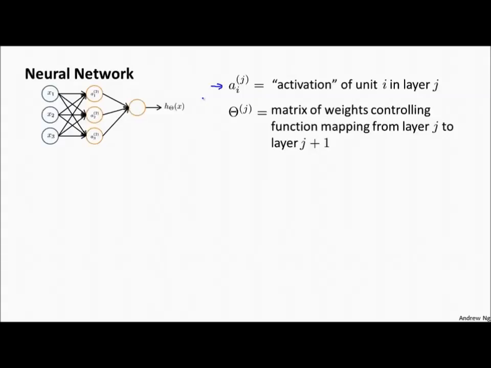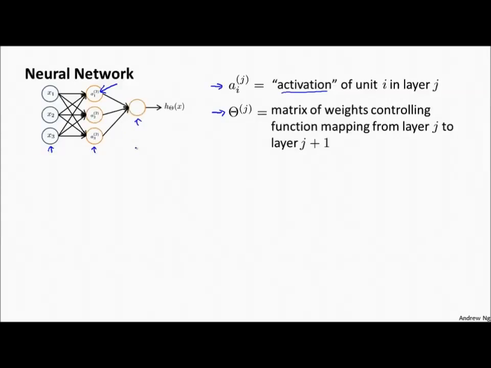So concretely, a superscript 2 subscript 1 is the activation of the first unit in layer 2, in our hidden layer. And by activation, I just mean the value that is computed by and output by a specific unit. In addition, our neural network is parameterized by these matrices theta superscript j, where theta j is going to be a matrix of weights controlling the function mapping from one layer, maybe the first layer to the second layer, or from the second layer to the third layer.